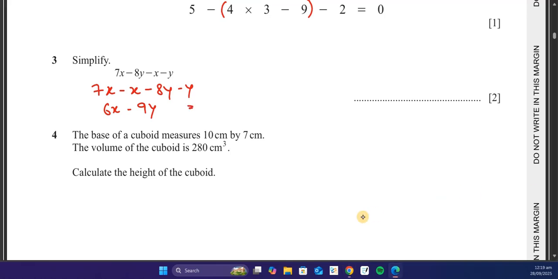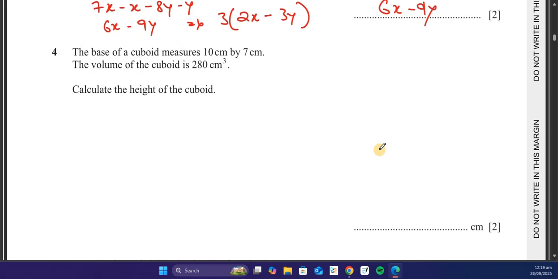We can also further simplify this if we take out a common factor, which would be 3, giving 3 times 2x minus 3y. So we could write this or we could just write 6x minus 9y.